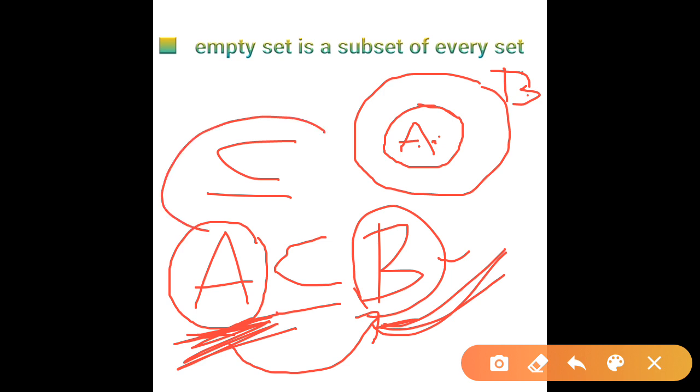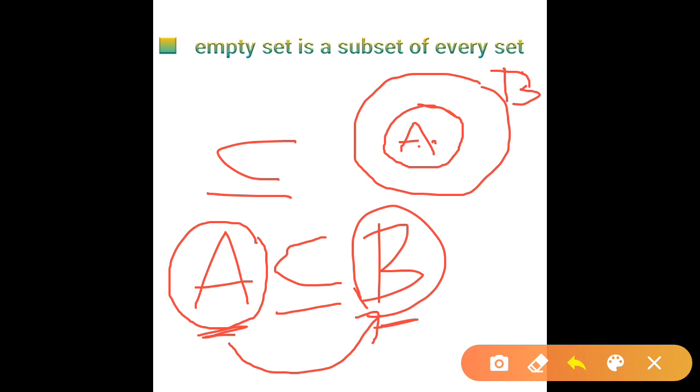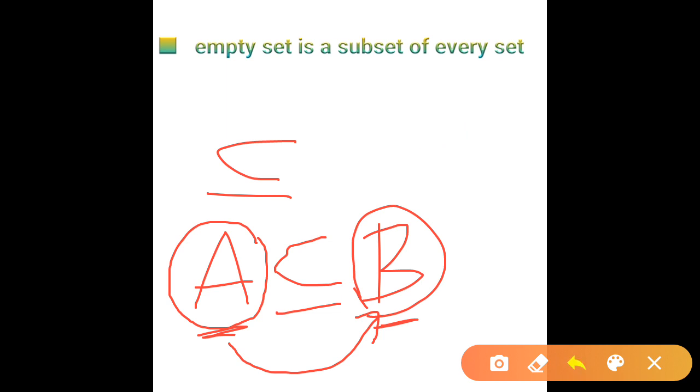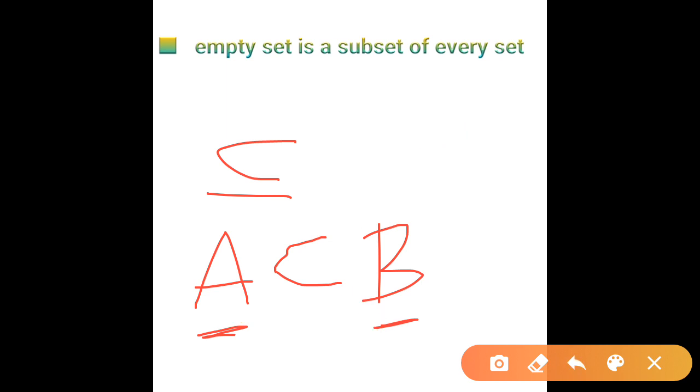This is the most important symbol, subset, and the statement is also very important: the empty set or void set or null set is a subset of every set.